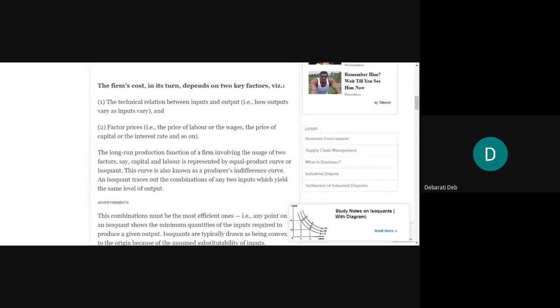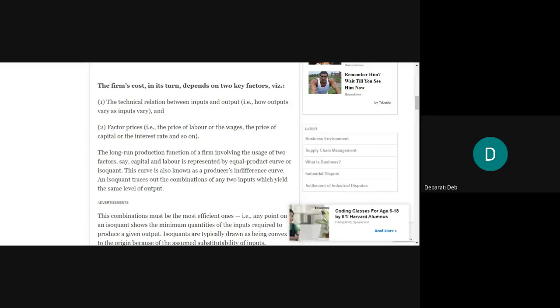What is the relationship between input and output? The cost depends on that, isn't it? An increase of 1 unit of input will result in an increase of 5 units of output. So that relationship has a key role to play in determining the firm's cost.